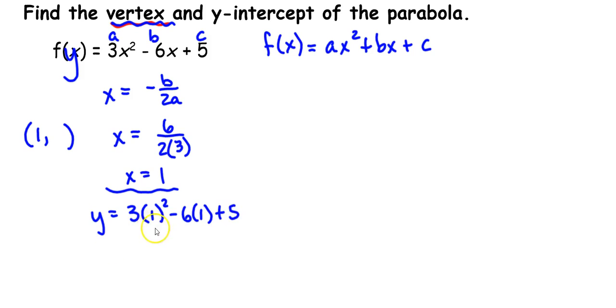And we go through and we simplify this according to order of operations. So order of operations says that I want to square the 1 first. So 1 squared is just 1, so this ends up being 3 times 1 minus 6 plus 5. And then y is equal to 3 minus 6, which is negative 3, plus 5. So my y-coordinate of my vertex is 2. There's my vertex.